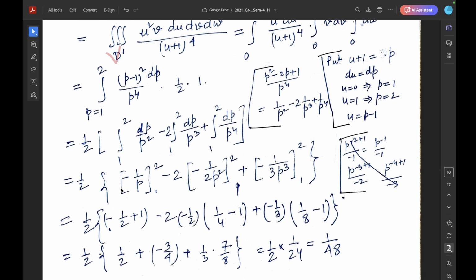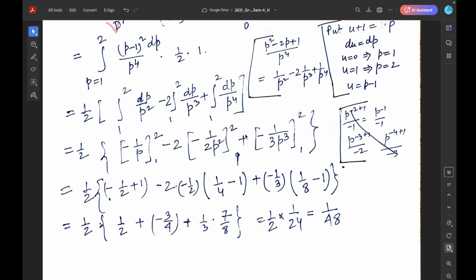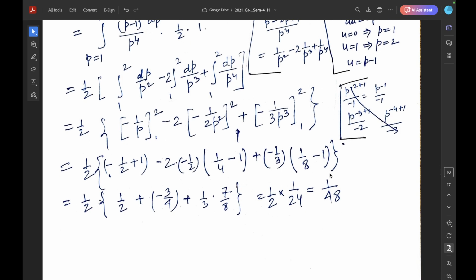So this is half into minus 1 by p, limit 1 to 2, minus 2 into minus 1 by 2p square, limit 1 to 2, plus minus 1 by 3p cube, limit 1 to 2. Substituting all the upper and lower limits, after simplification we get 1 by 48. This is the answer.